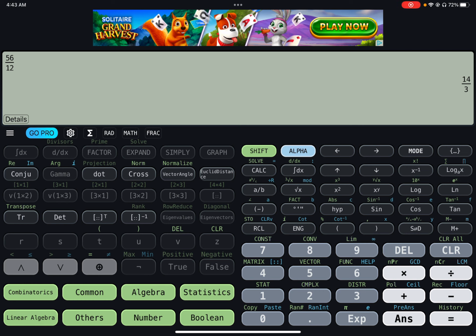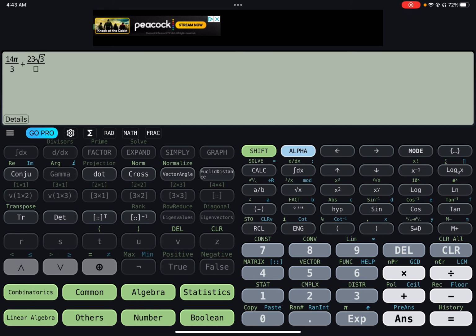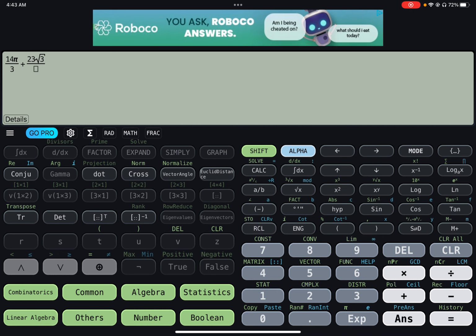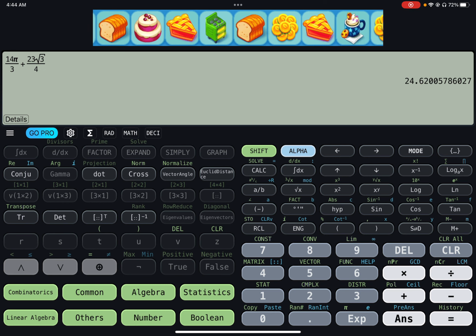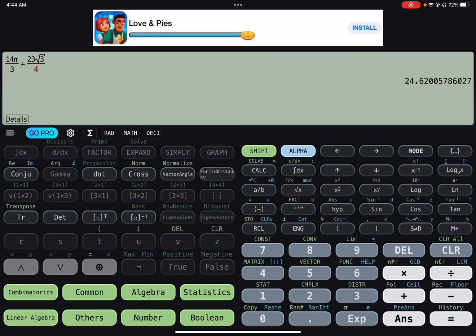What is 14 over 3 pi? 14 pi over 3, and the decimal is 14, and plus 23 square root of 3 over, okay, so it's around 24.62.